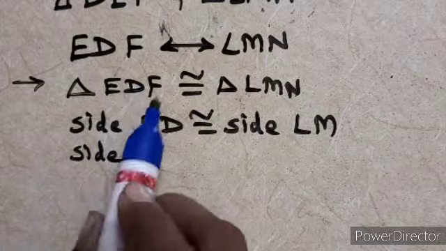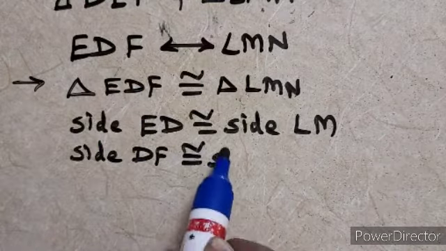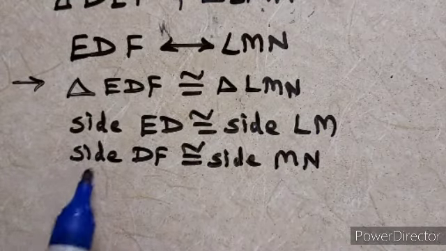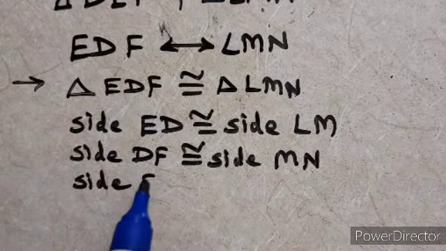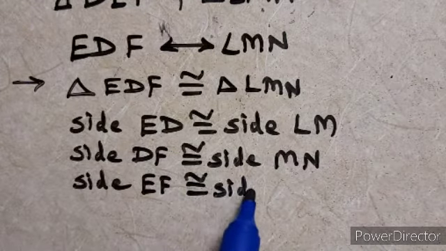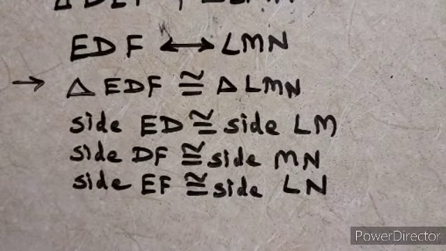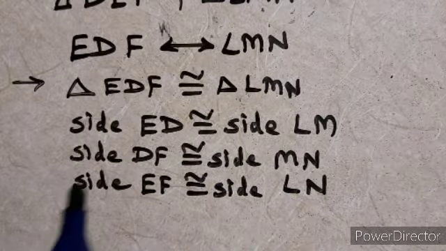Side DF congruent side MN. Side EF congruent side LN. These are the corresponding congruent sides according to the correspondence of the given vertices.